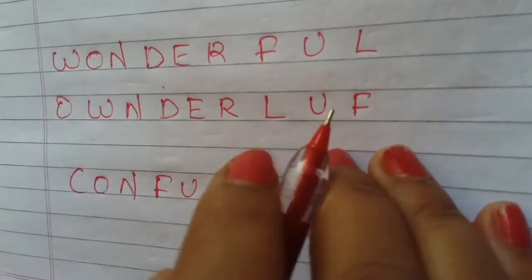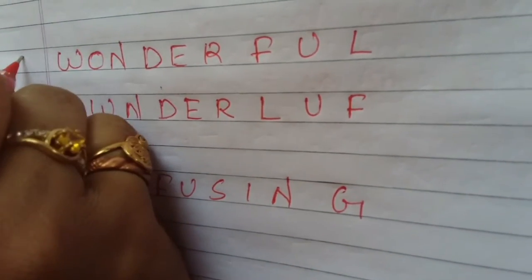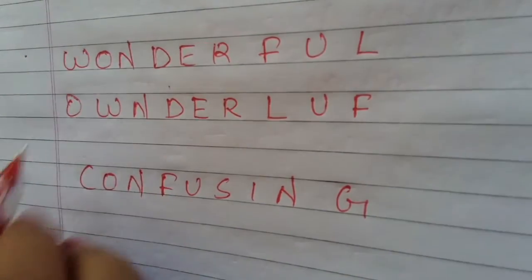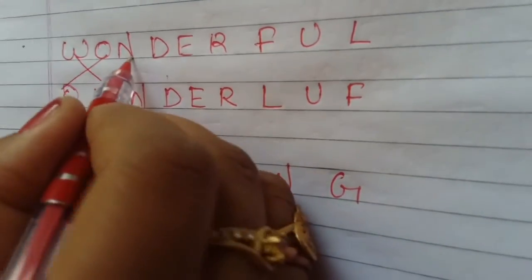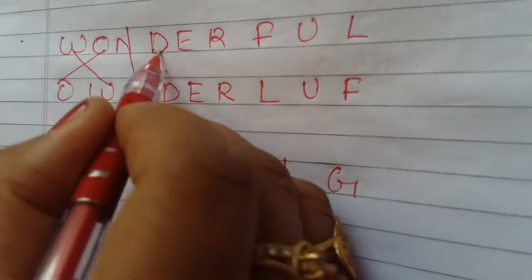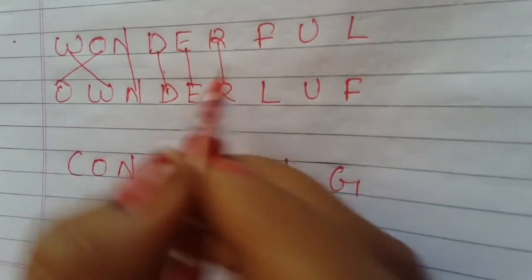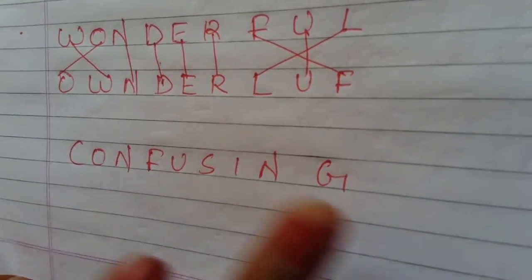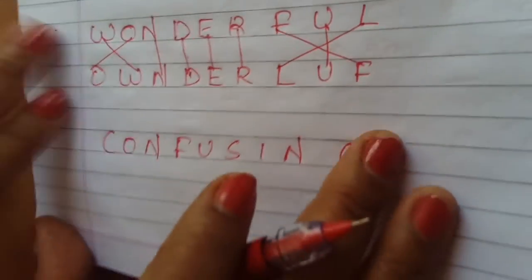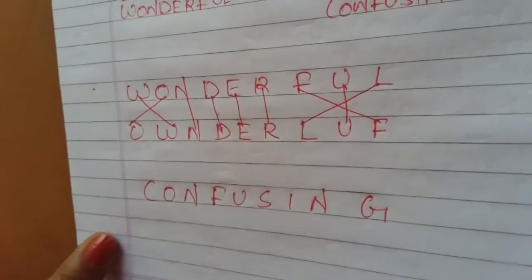In the same sense, here is another example, somewhat similar to the first example. We can see it like this: W, W, O, O, N. This is the pattern of the question. In the same sense, how is CONFUSING written?